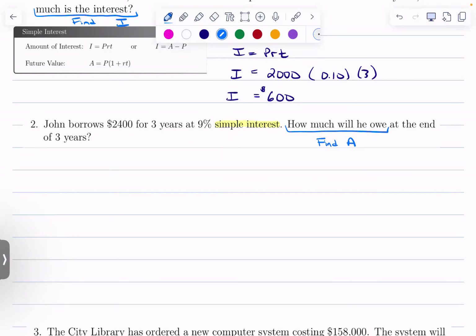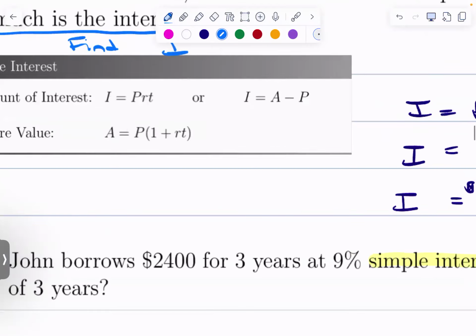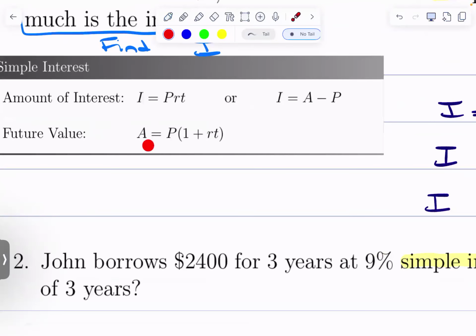Now, from my formula sheet, because it's simple interest, I'm going to use A equals P times 1 plus R times T. You could, if you wanted to, although it's kind of a weird move, say I'm going to calculate I, and then use the fact that I equals A minus P, and you would find the same answer, right?